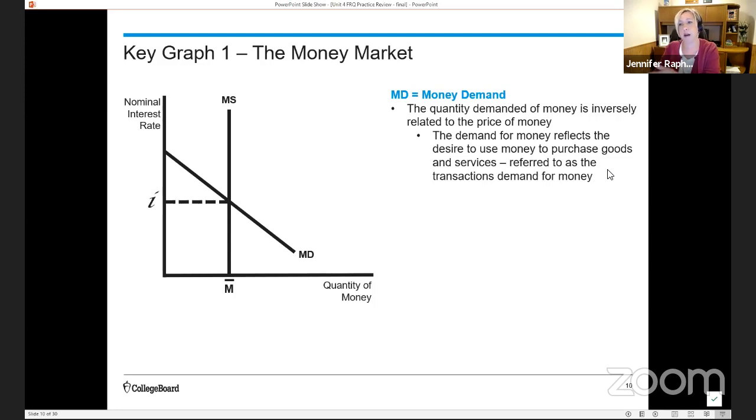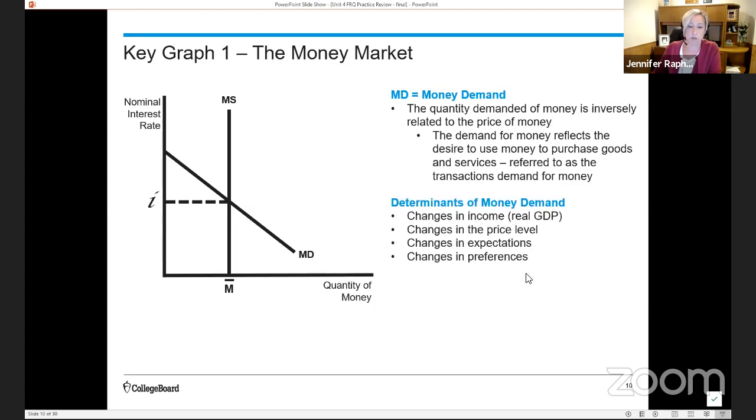In an intermediate macro course, you might learn about other types of demand for money, but we talk predominantly about transactions demand for money in this course, and we're talking about the money people want to hold as cash as opposed to as a less liquid financial asset that earns interest. So the higher the nominal interest rate, the higher the opportunity cost of holding money in the form of cash, and so the lower the quantity demanded of money. That's what the money demand curve represents.